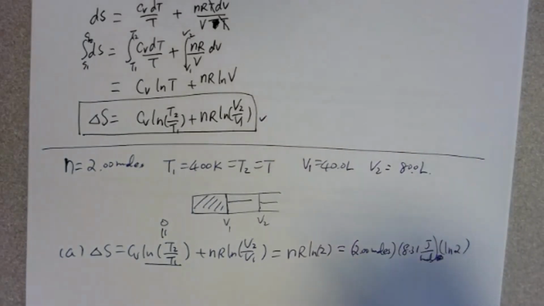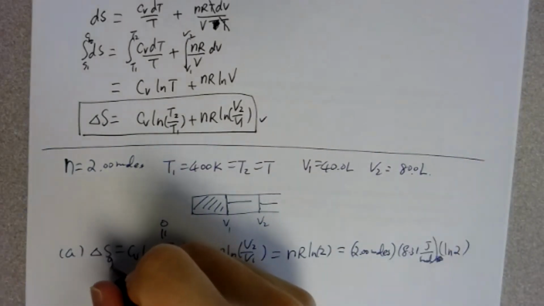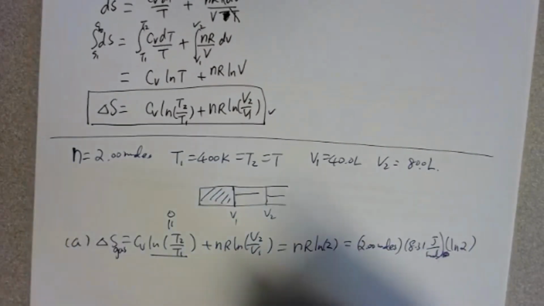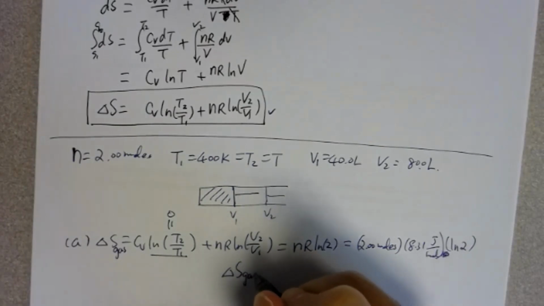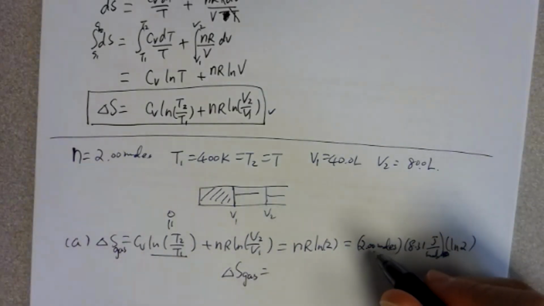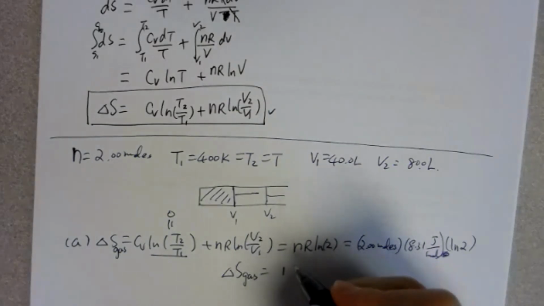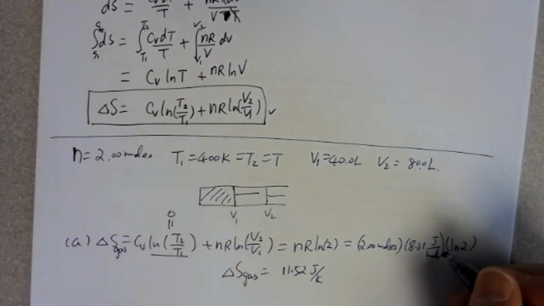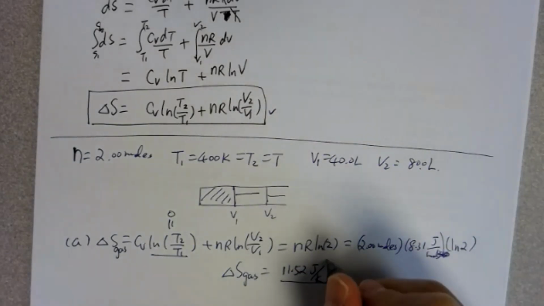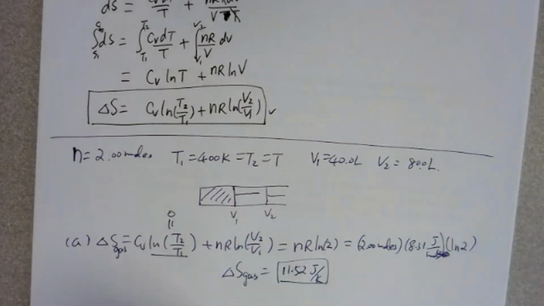Let's denote this as the gas. So delta S of the gas is equal to 2 times 8.31 times ln of 2. That gives you 11.52 joules per Kelvin. Okay, so this is part A.